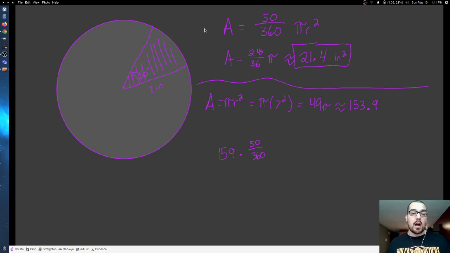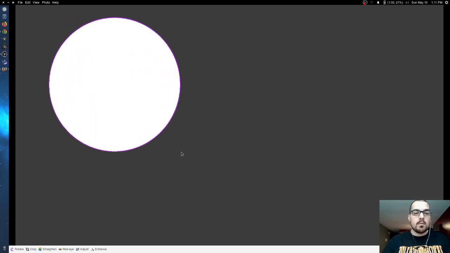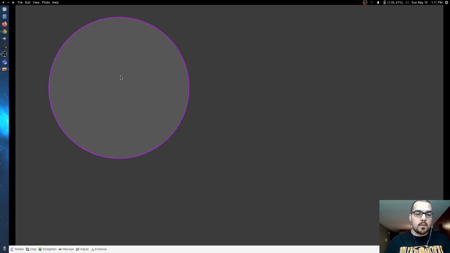Here's where it gets a little bit more complicated. You might be given it in terms of radians. So you might be told, here's my circle, and I have an angle that is a measure of 2 radians.